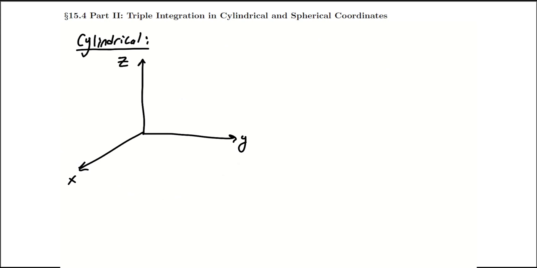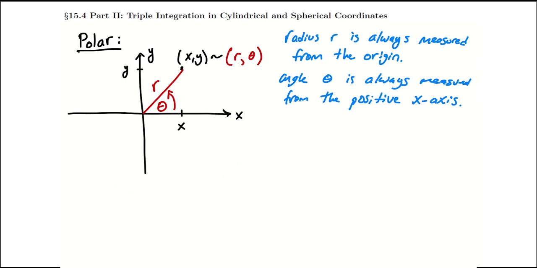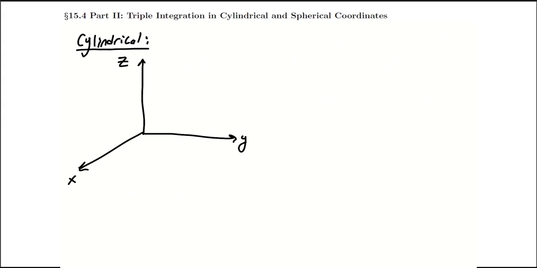And we're going to take our same picture that we had here, the same idea. If we're looking down onto the xy plane, we have a point in the xy plane. That point can be labeled as x comma y, which is r comma theta, where r is the distance from the origin to the point, and theta is the angle that line segment forms with the positive horizontal. So here's our point, x comma y, which is equivalently written, in polar coordinates, as r comma theta.